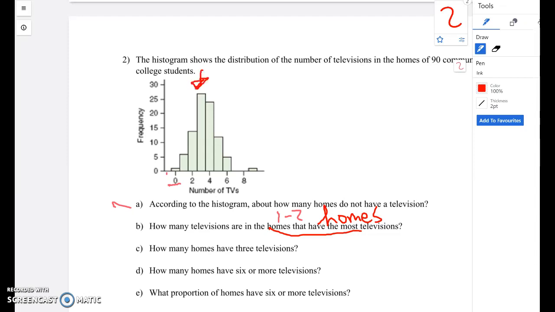So these are the homes, and there are about 26 maybe, I don't know. So those homes all have 3 TVs. So this is the number of homes that have the most TVs, and that corresponds with 3 TVs. So this is going to be 3 televisions.